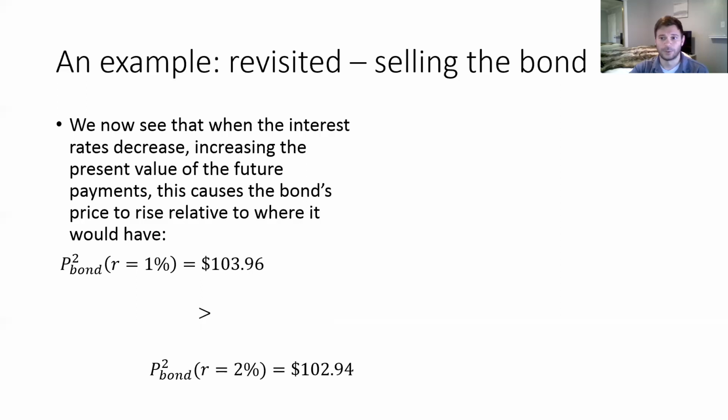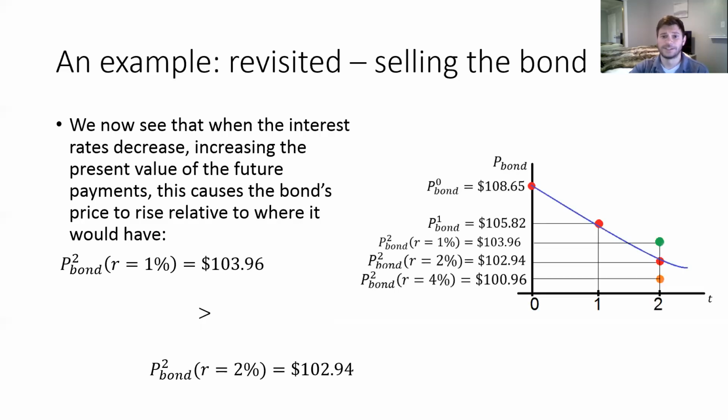Now we can go back to our plot here, and we can plot the counterfactual price in period 2 had the interest rate instead been 1%. That pushes the price up relative to that blue trajectory. So we can see here when the interest rate stays constant, we wound up at a price of $102.94.